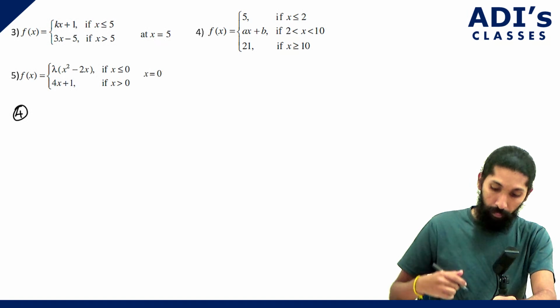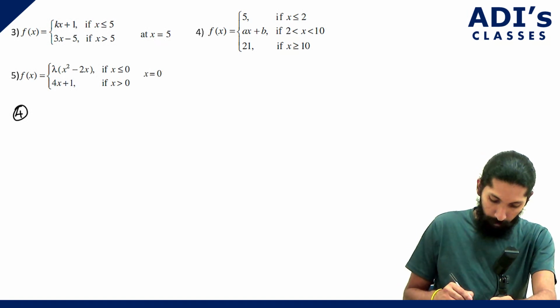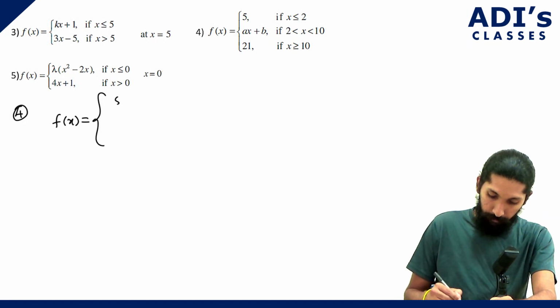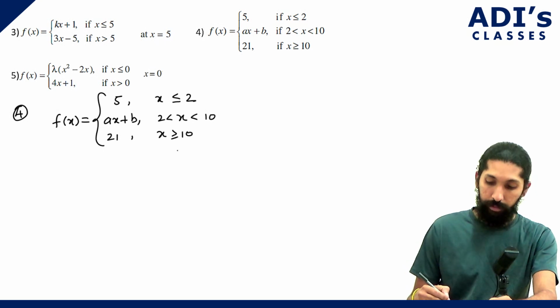You can have any variable, or you can say some unknown value. Alright? See in this case, first thing what we are going to do, first take f of x. So we have 5 when x is less than or equal to 2, ax plus b when x is between 2 and 10, and 21 when x is greater than or equal to 10.